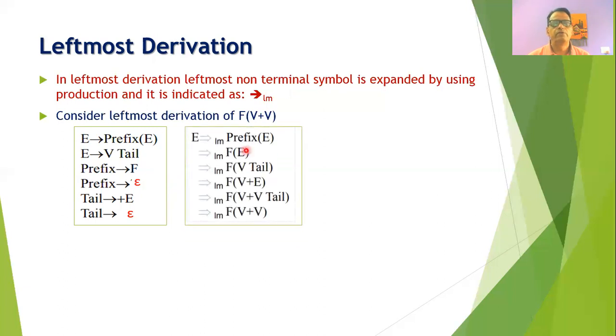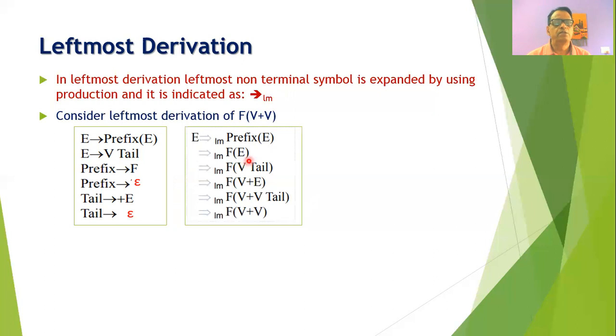Now, the leftmost derivation can be written like this. Initially, we start with the start symbol E, and then we use the first production, prefix (E). Now, prefix is the first non-terminal symbol on the left-hand side, and therefore it will be replaced by f using this production rule. Now we have the string f(E).